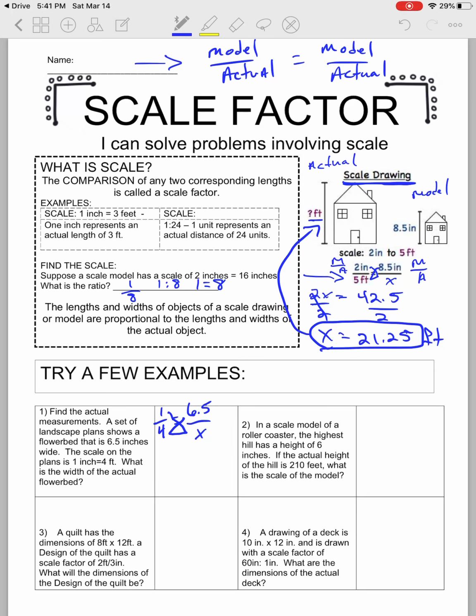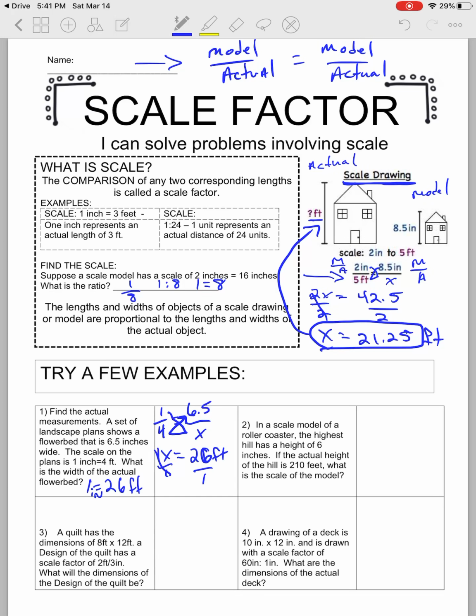Now, again, cross multiply and divide. You get 1x is equal to 26 feet. We can divide by 1 if we want, and then x would equal 26 feet. So the actual width of the flower bed is 26 feet.